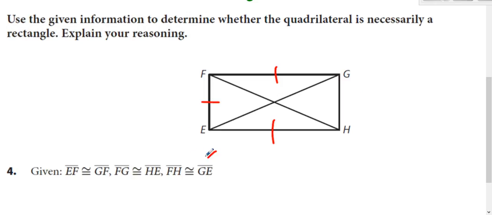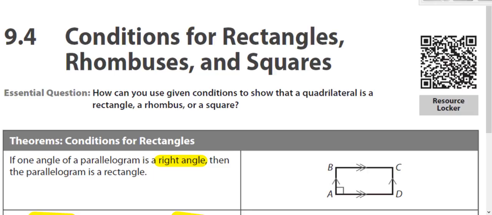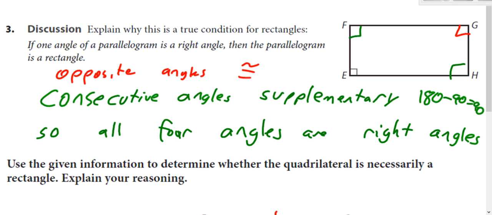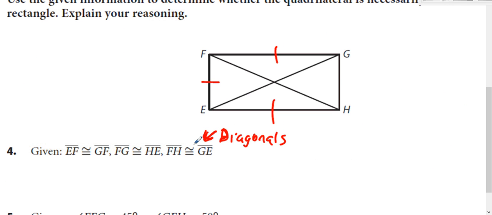So that's the diagonals. So FH and GE are congruent. That means the diagonals are congruent. And at the very beginning, we said if the diagonals are congruent, then it must be a rectangle. So since the diagonals are congruent, yes, it's a rectangle.